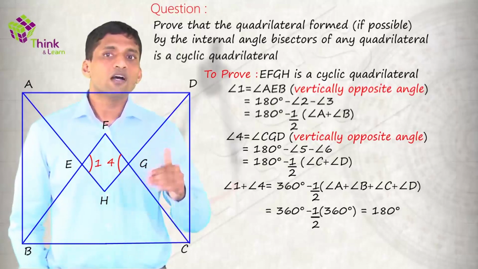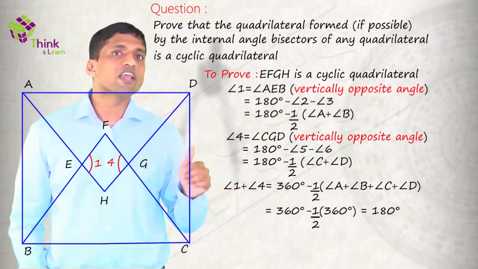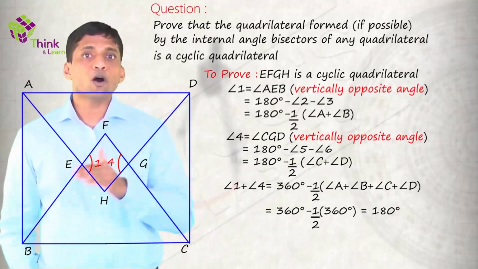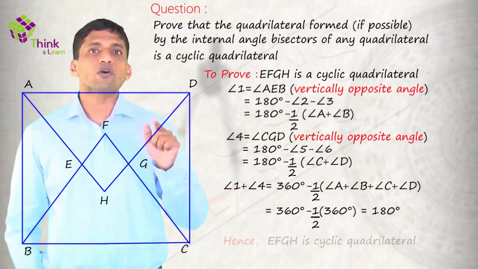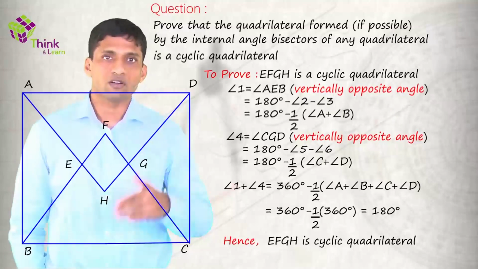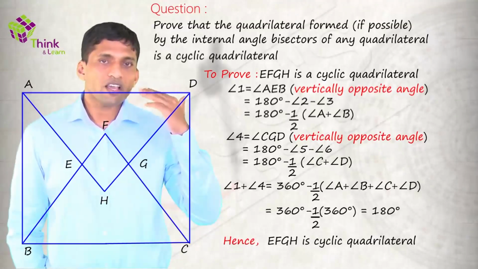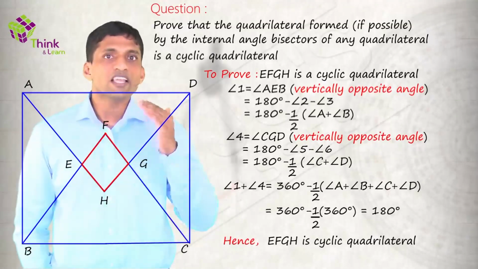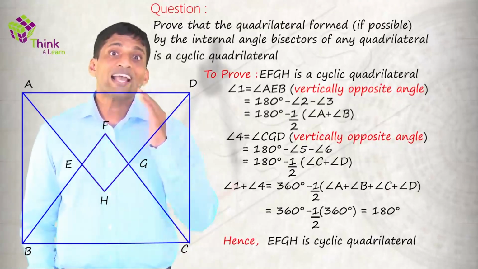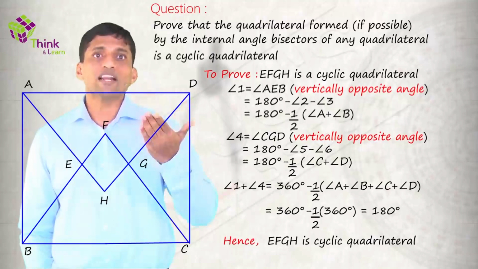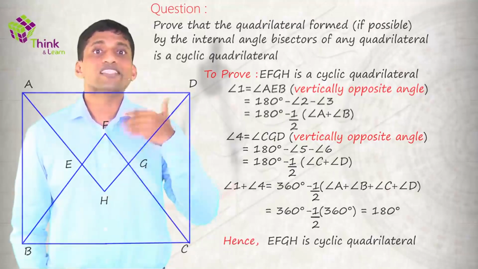So we'll get angle 1 plus angle 4 equal to 180 degrees. Since opposite angles are adding up to 180 degrees, we know that the quadrilateral is a cyclic quadrilateral. So it's easily proved that EFGH is a cyclic quadrilateral. That is, angle bisectors in a quadrilateral will form a cyclic quadrilateral.